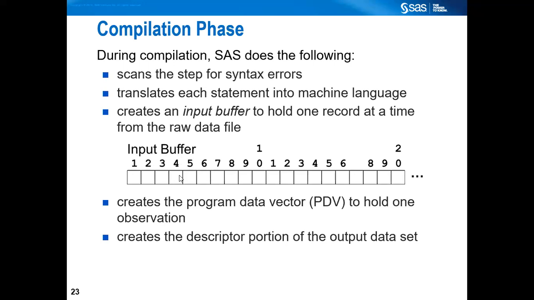So every record is held in the input buffer, and it also has an imaginary ruler or scale. After the input buffer, it will then create your PDV, the program data vector, which will hold SAS observations. Understand the terms: input buffer to hold records, PDV to hold observations. That means records will be converted into SAS observations. And then, of course, the end part is the descriptor portion of your new data set.